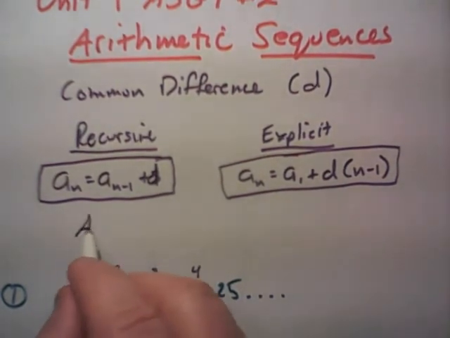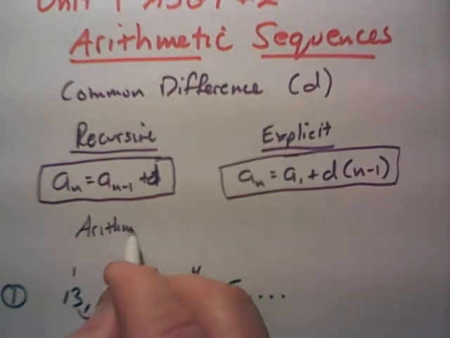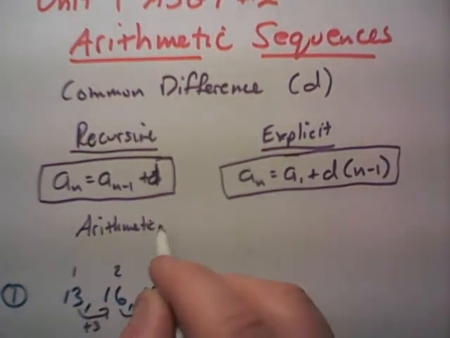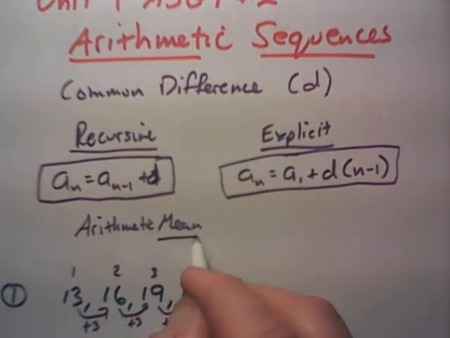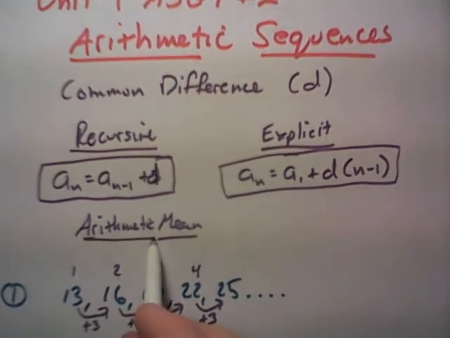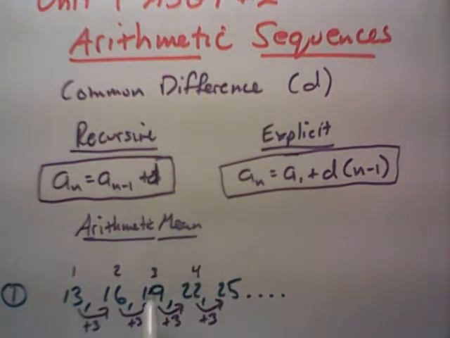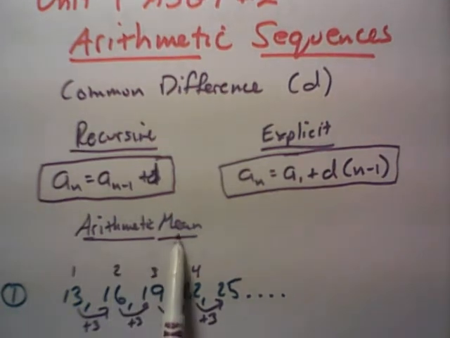One more formula, and that is when we talk about an arithmetic mean. The mean is simply the average. An arithmetic mean is the number between two numbers. So for example, if I want to find the number between 16 and 22, I'm just going to take the arithmetic mean, which is what you would commonly refer to as the average.